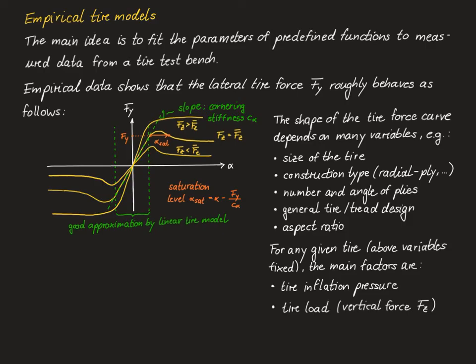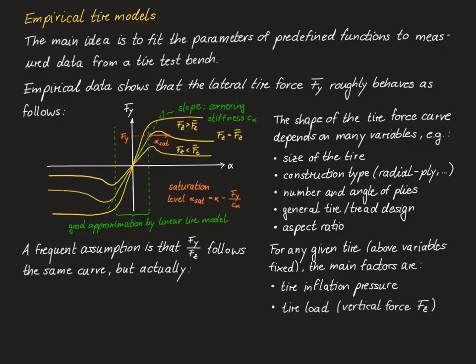Often, also the cornering stiffness, so the slope of the yellow curve, increases if the vertical force is increased and decreases if the vertical force is decreased. It may happen that this peak here is more prominent for smaller loads on the tire, and it's much smaller or maybe even non-existent for higher loads on the tire.